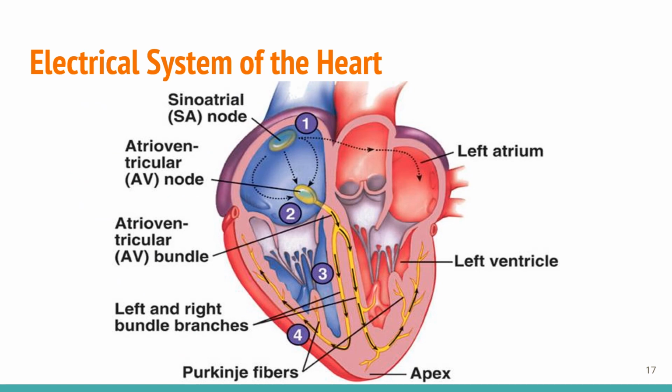You've got the SA node on top, number 1, then your AV node, your secondary pacemaker, and then your AV bundle, which breaks off to your left and right bundle branches. Then you can see number 4, your Purkinje fibers. Think of those as little fingers, little extensions, branches off of the larger bundle branches.